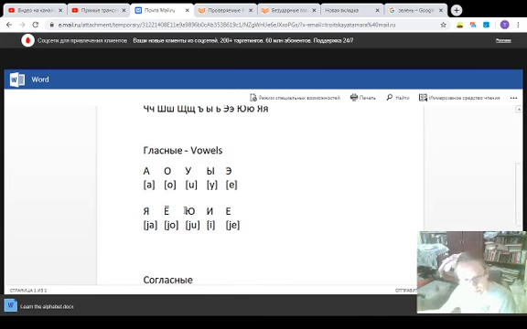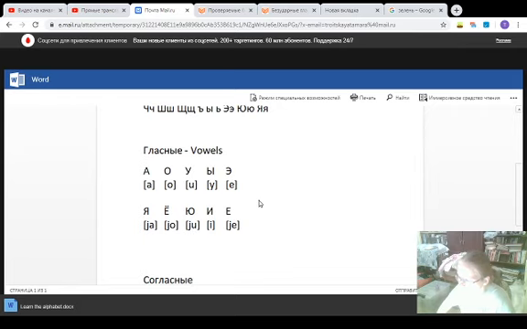Also, we have stress in the Russian language, and if you use the wrong stress, it can lead to misunderstanding. It harms the meaning. And it's not like in English.